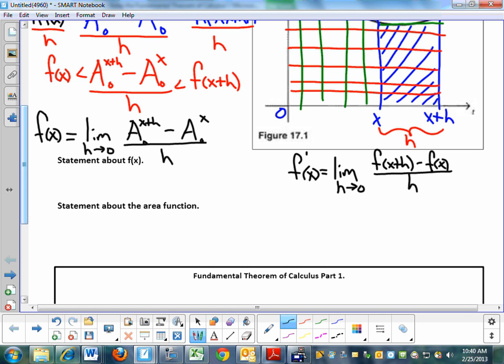For example, what do you take the derivative of to get cosine? Sine. Yeah. So this says cosine, the antiderivative is sine. Watch. The antiderivative of f of x is the area function.